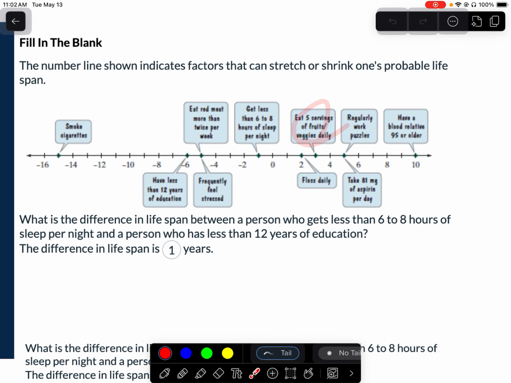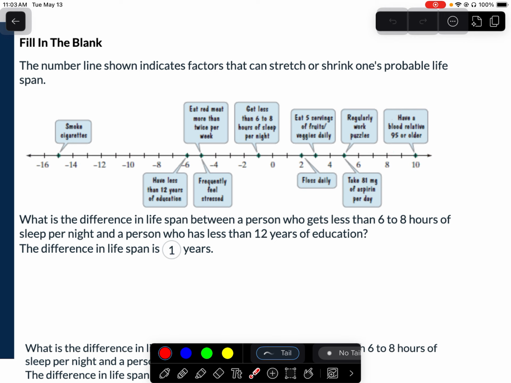Eating fruits and veggies is going to add 3 years. Regularly working puzzles, taking some aspirin once you get older for stroke risk and heart attack risk and things like that, can add 5 years to your life. And having a blood relative that is 95 or older adds 10 years to your life.